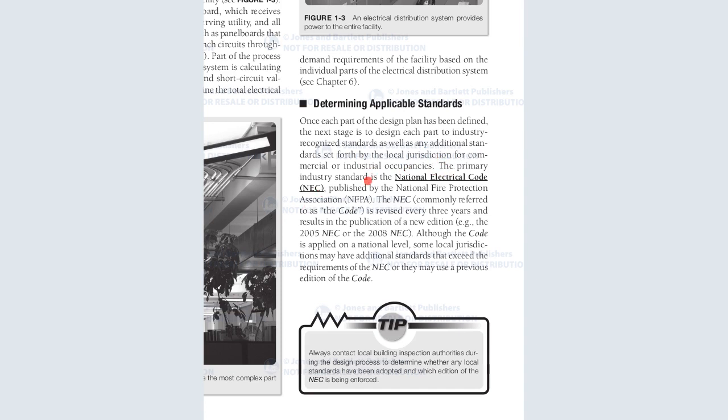The primary industry standard is the National Electrical Code published by the National Fire Protection Association. It is revised every 3 years, resulting in the publication of a new edition. It is applied at the national level, but some local jurisdictions may have additional standards that exceed the requirements of the NEC, or they may use the previous edition of the code.